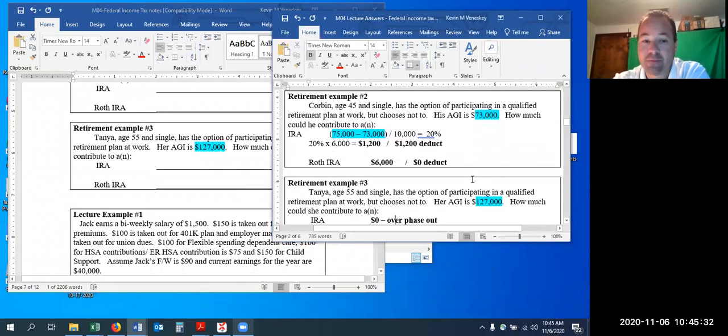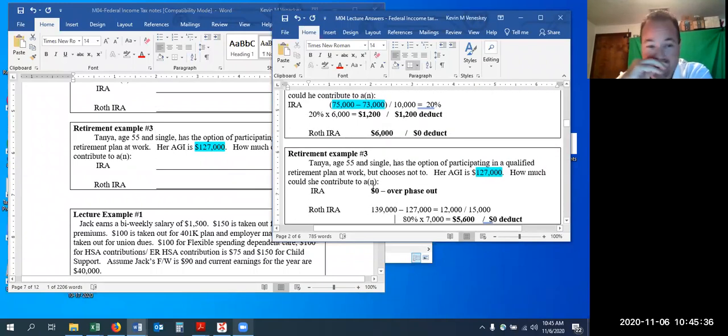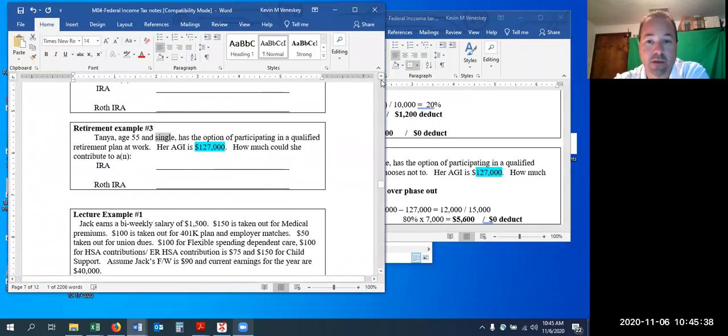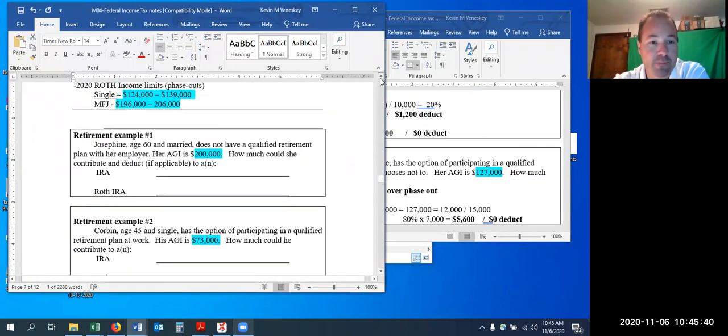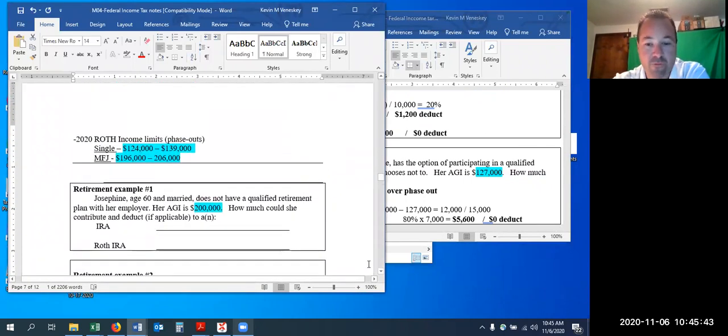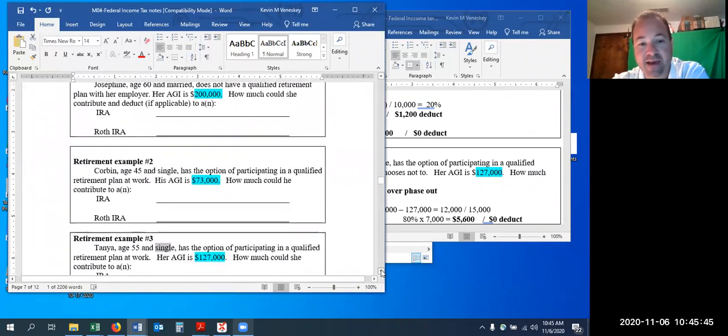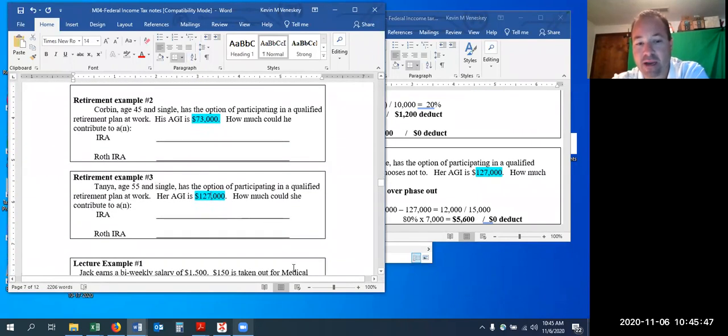The Roth IRA, we can still put some in because we are in the cap zone. Go back up here to remember the cap. 124 to 139. So we take the high number, 139, subtract out where we're at.